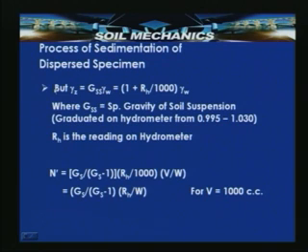So, as we see here, gamma z can be written as Gss gamma W, where Gss is the specific gravity of the soil suspension, that is gamma z by gamma W, and gamma z is the initial unit weight of the soil suspension at depth z after elapsing a time Td.